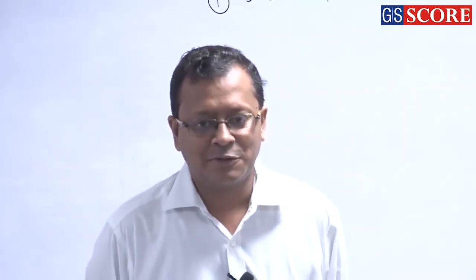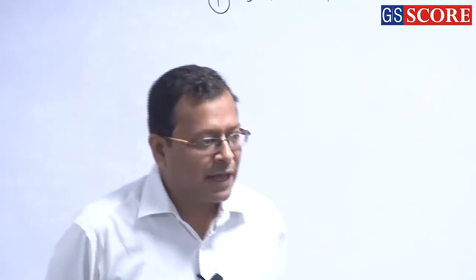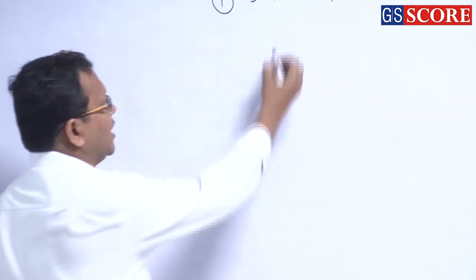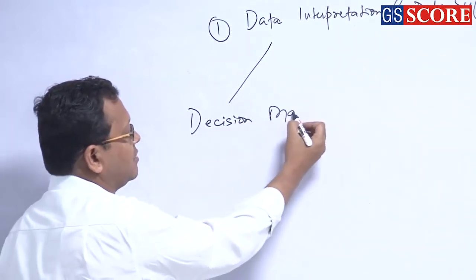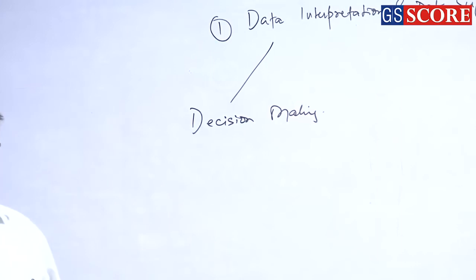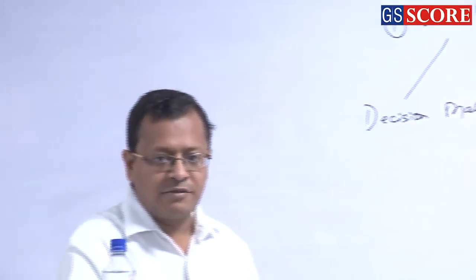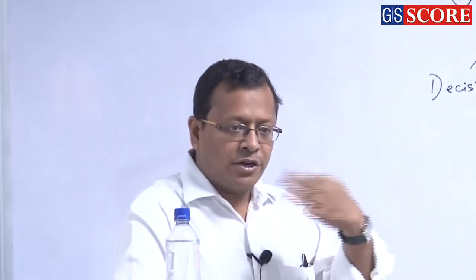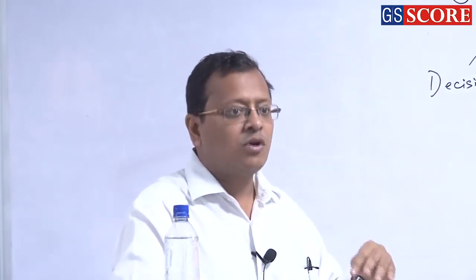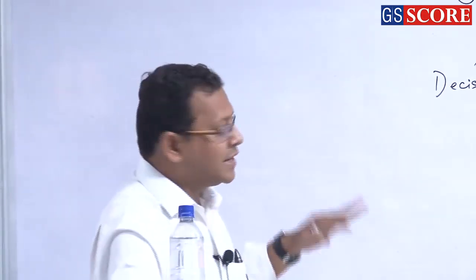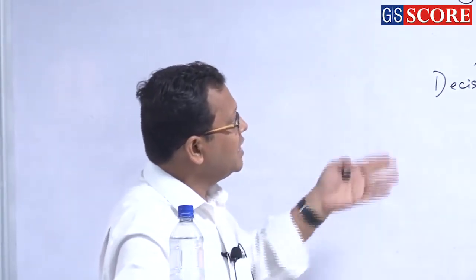The ultimate aim of data interpretation is decision making. You have to make policy decisions based on unstructured data which is given. Structure it according to your need and then present it before somebody who is an immediate superior. That is the basic purpose of data interpretation.